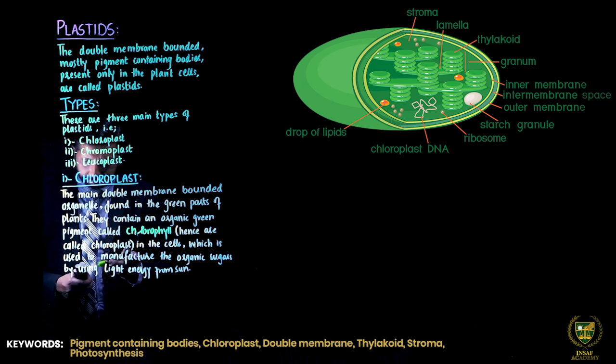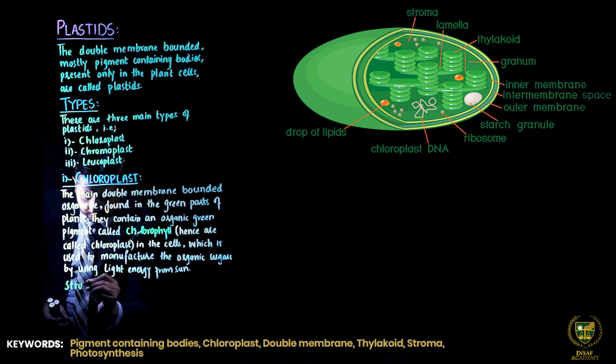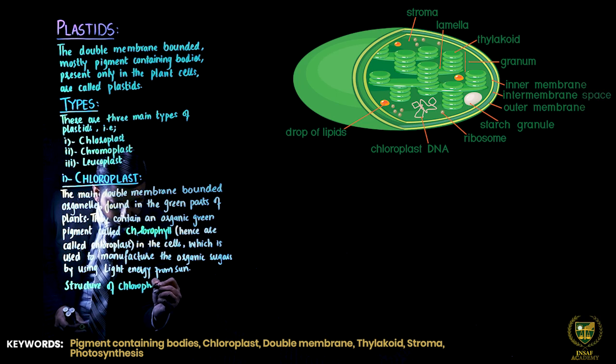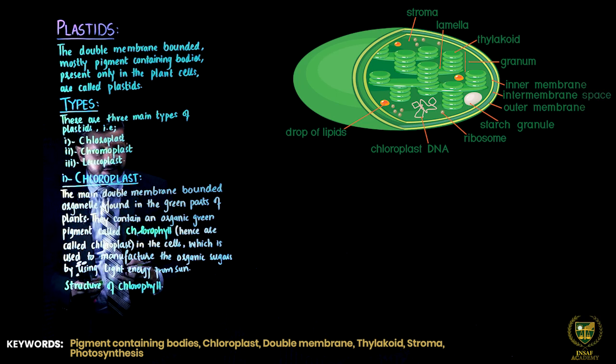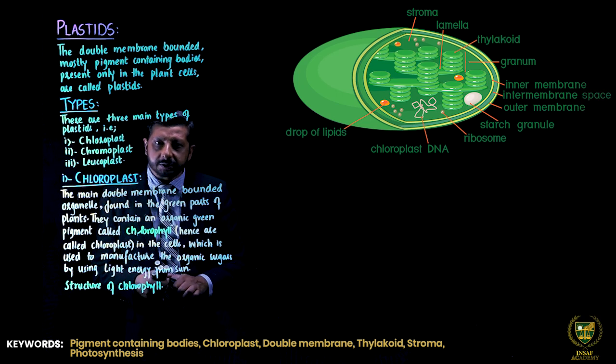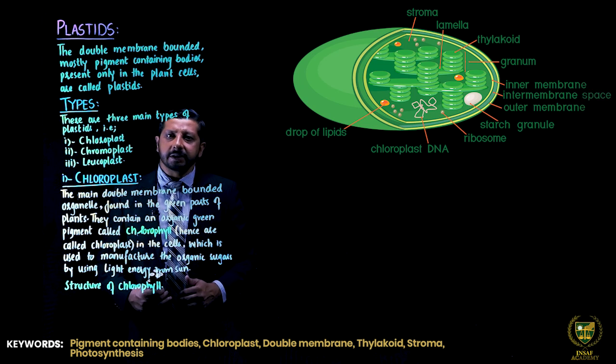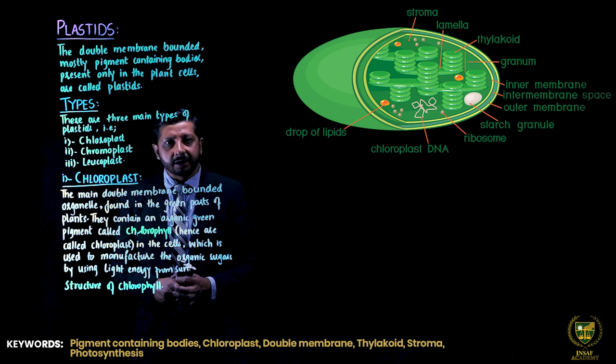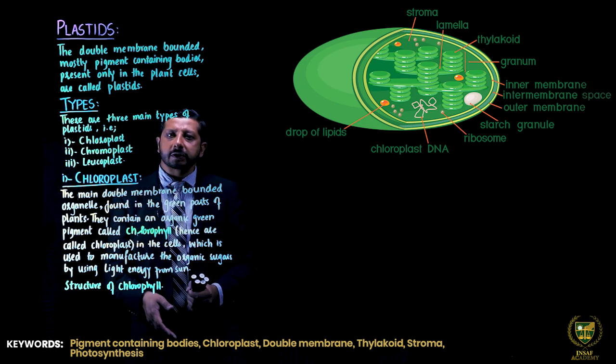Clear? Structure of chlorophyll. As far as its molecular structure is concerned, dear students, it will be studied in detail in chapter number 11, bioenergetics, under the heading of photosynthetic pigments.